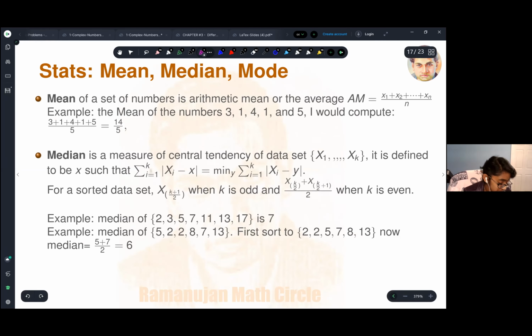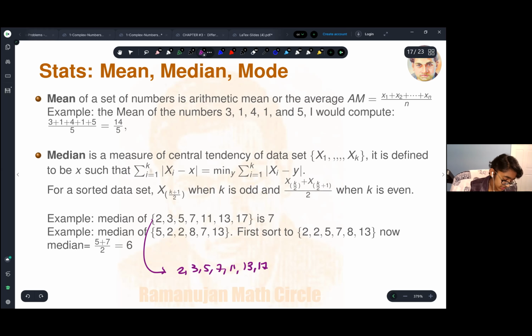Now we have something called the median. The median is kind of like the middle number in some sense. When you have an odd number of items in a list, you sort the list. Sort means you put it in ascending order, from least to greatest. Once you put it from least to greatest, you find the median. For example, we have 2, 3, 5, 7, 11, 13, 17.